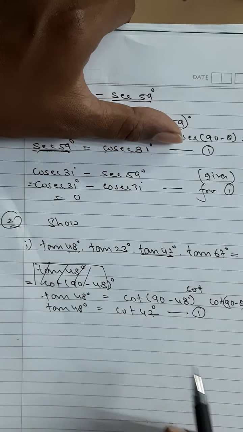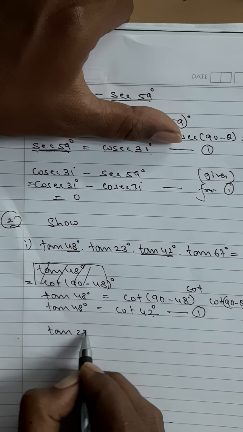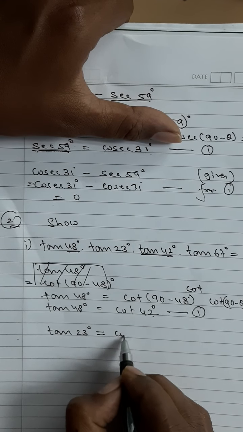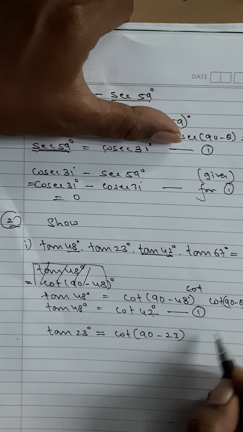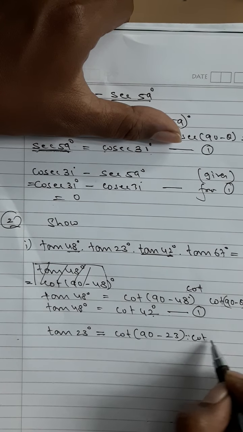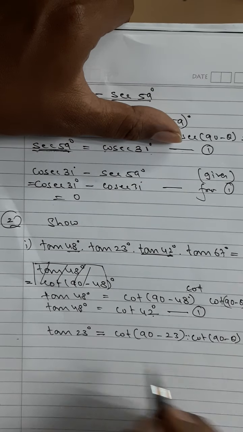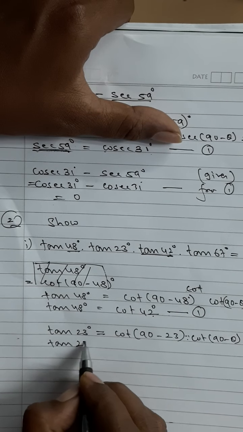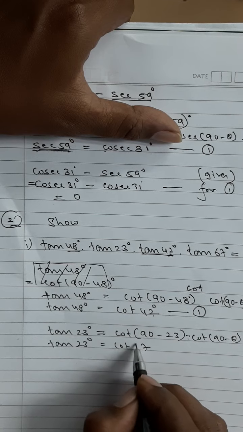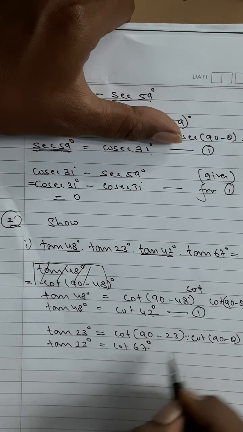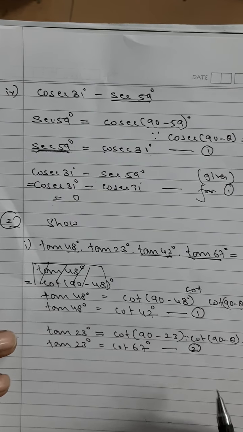So I won't touch this 42 now, but I will have to handle tan 23 degree, which will get converted to cot 90 minus 23. Again the reason is the same, since cot 90 minus theta is equal to tan theta. So tan 23 degree is equal to cot 67 degree. Again this I will not touch. So this is my second.